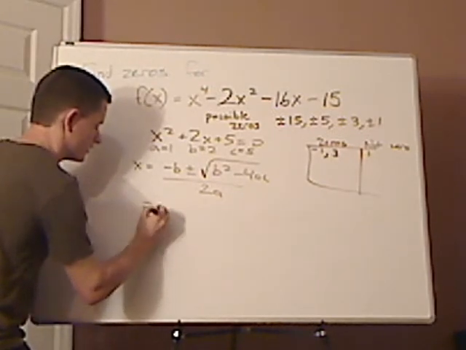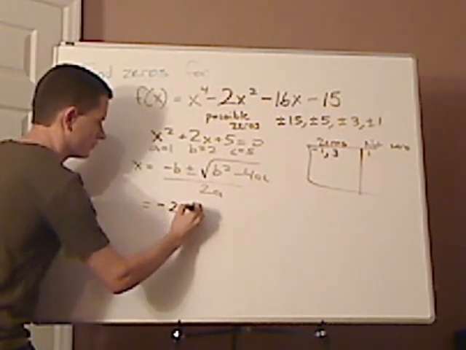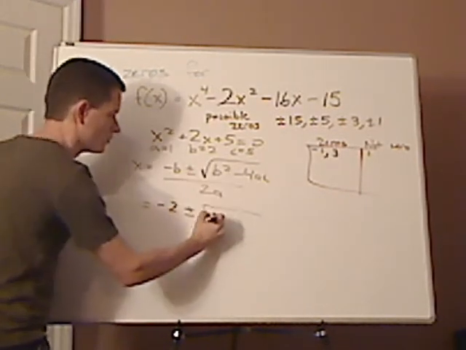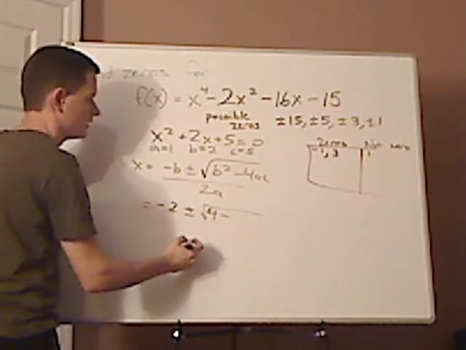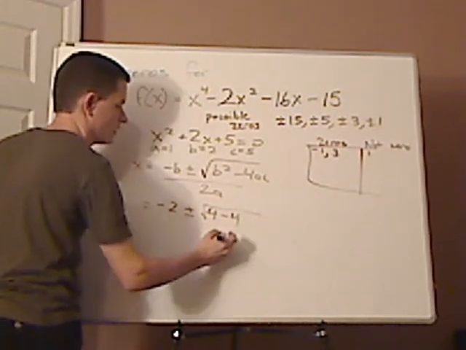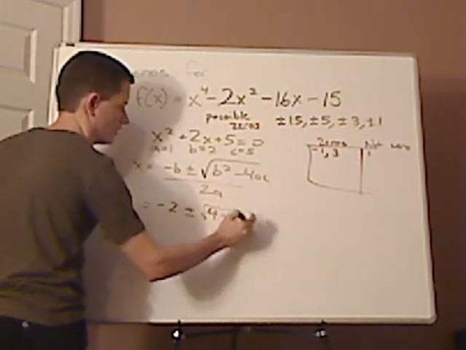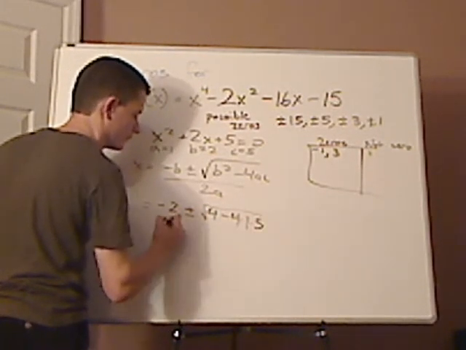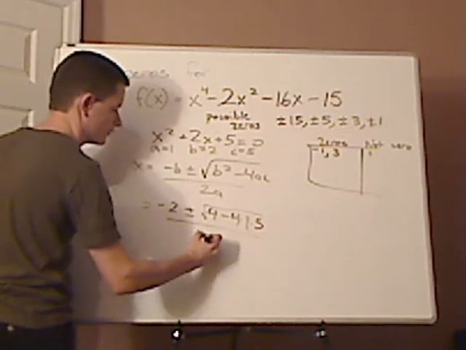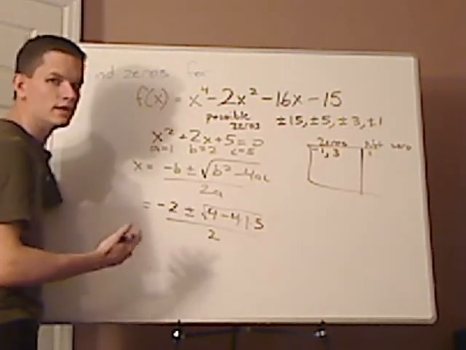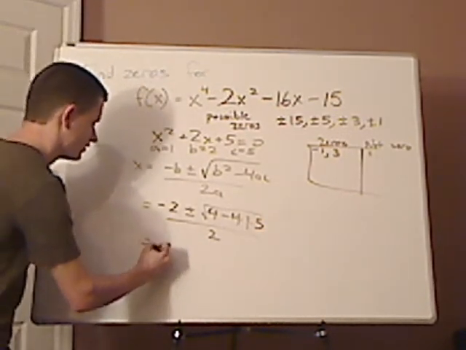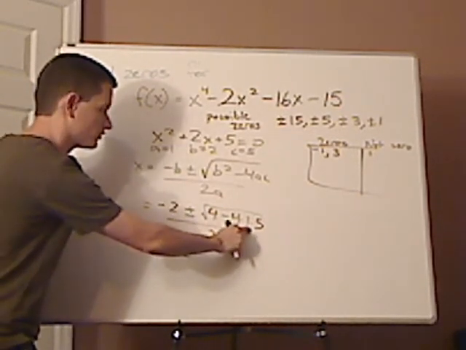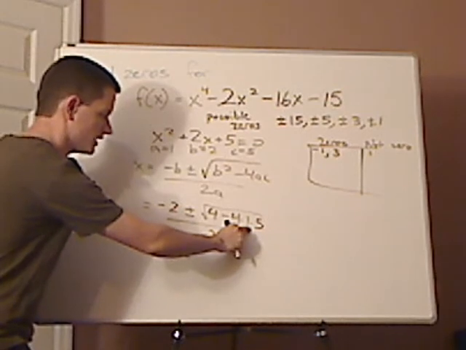So that's negative 2 plus or minus 2 squared is 4 minus 4, a is 1, c is 5, over 2 times 1, which is 2. Now simplify it. So it's negative 2 plus or minus, this is 4 minus 20, which is negative 16.